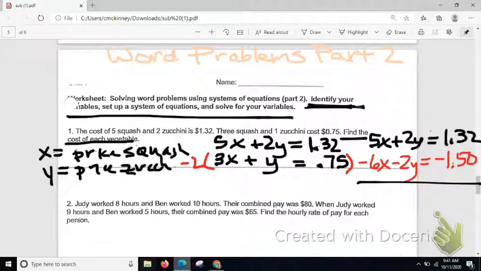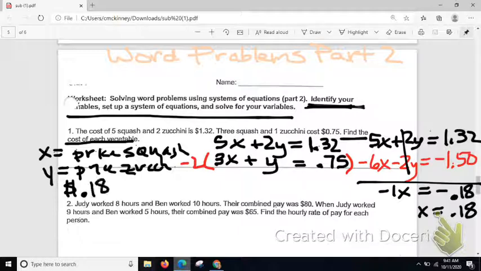We put these together, we get -1x, y's eliminate, is -18 cents, which would mean x is positive 18 cents. So that would mean that the squash is 18 cents.